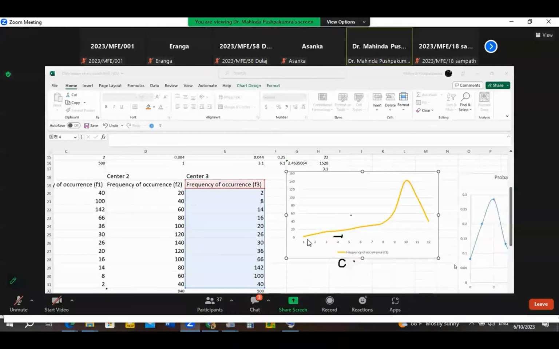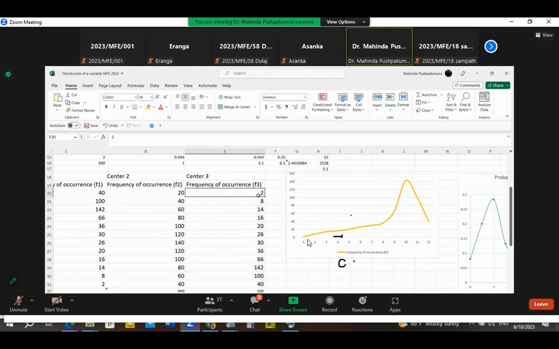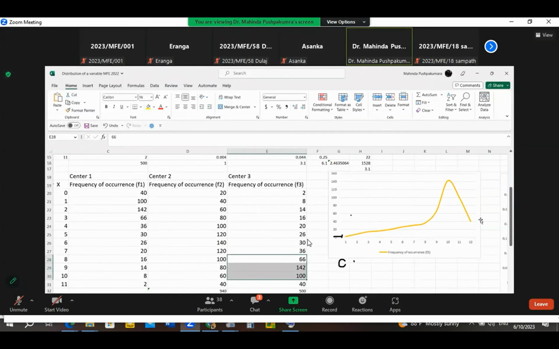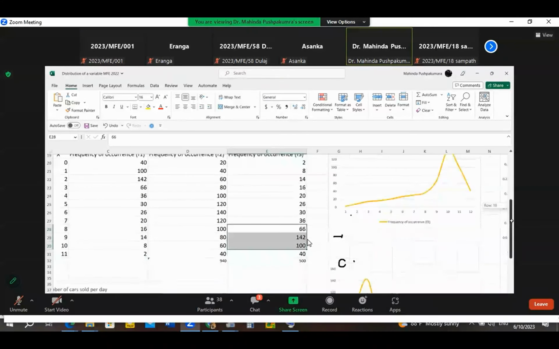Then we call this a left skewed distribution. Why do we have a left skewed distribution? You can see we have fewer observations with lower values. Low values mean number of cars sold: 2 days with 0 sales, 8 days with 1 sale, but you have many days with higher sales. Then the distribution we call left skewed. There are more observations with higher values.